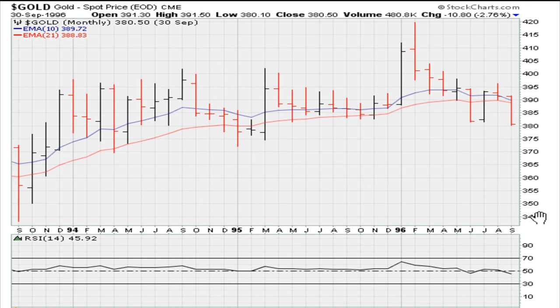Let's take a look at gold. Now this is gold price in 1996. Okay, you can see here a move to 3-year lows on the monthly RSI, which is bearish, and also you're breaking below the previous monthly closing low in price. So two things happening there, not good.